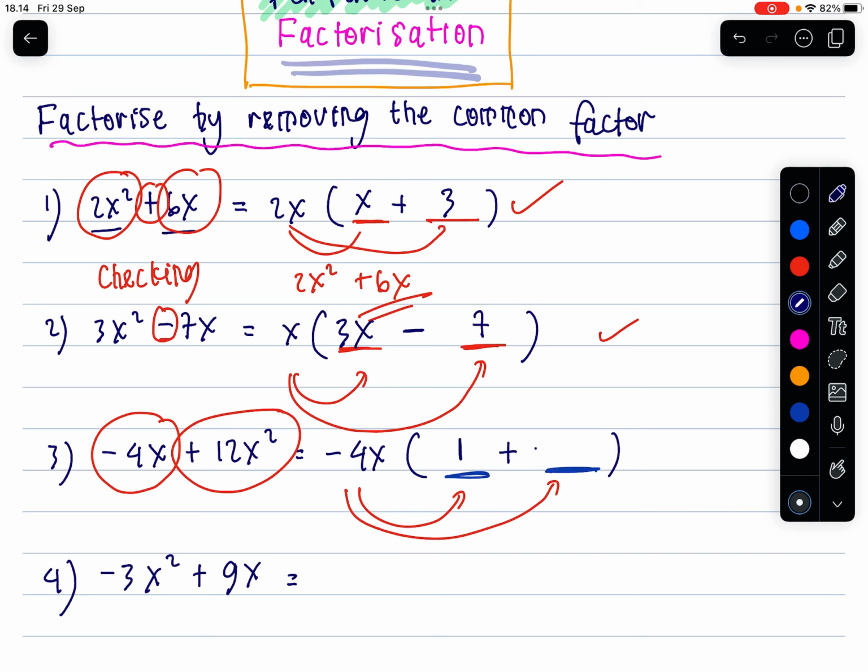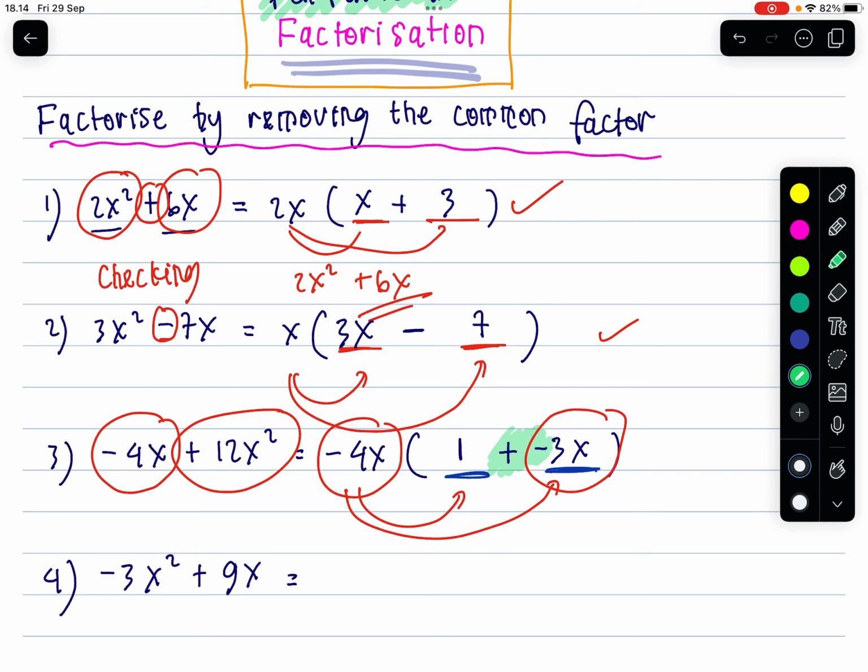Negative 4 times negative 3 is positive 12, and then I multiply by x. So negative 4x multiplied by negative 3x is positive 12x squared. That's what we're aiming for. But everyone, if you have a look there, I have a double sign, the positive and negative there. I highlighted it with green.